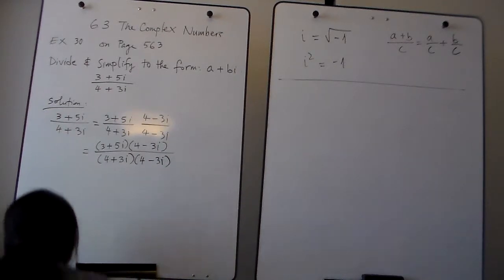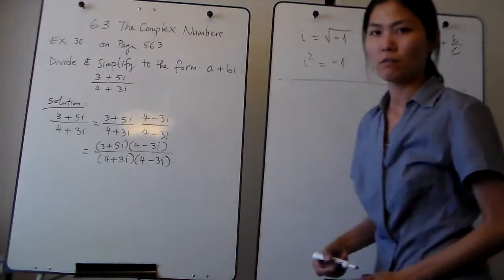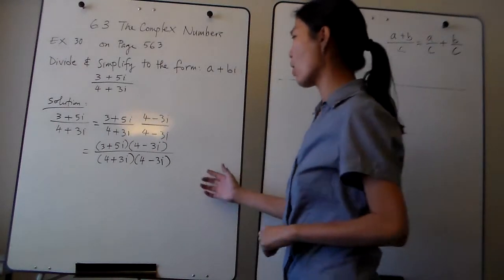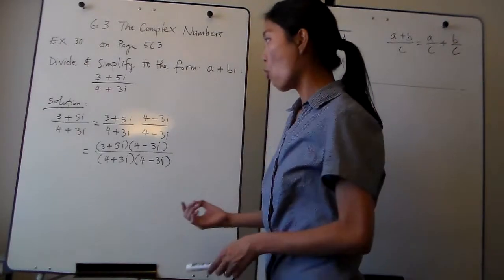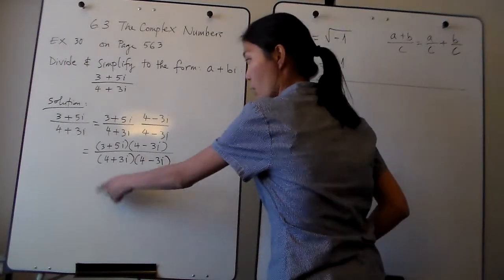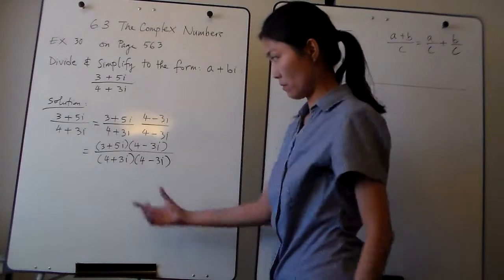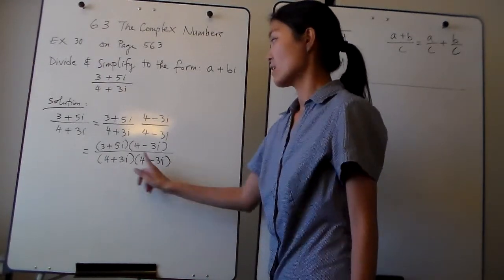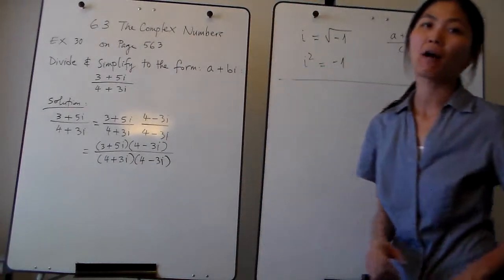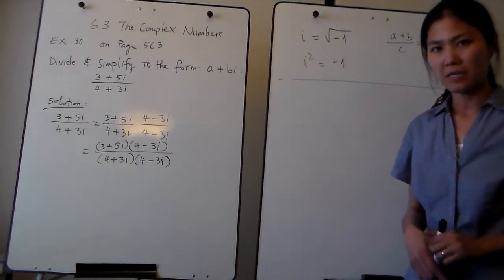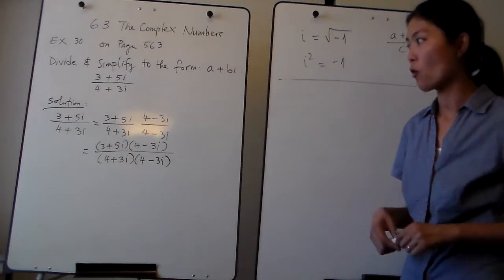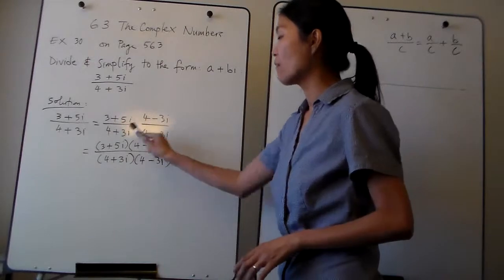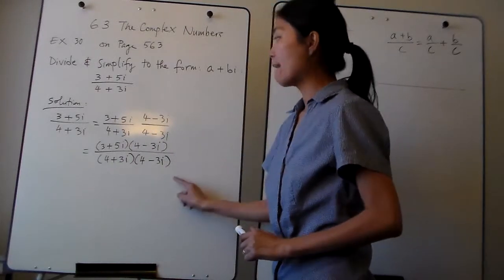For this type of quotient, where you divide by a complex number, the goal is to simplify the denominator, which is the product of a complex number and its conjugate. Remember, when you multiply a complex number by its conjugate, the answer is a real number. That's the reason why we multiply by the conjugate of the denominator, so that we can simplify the denominator to a real number.